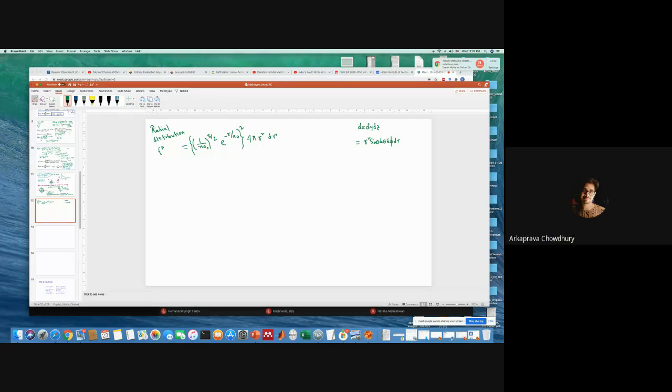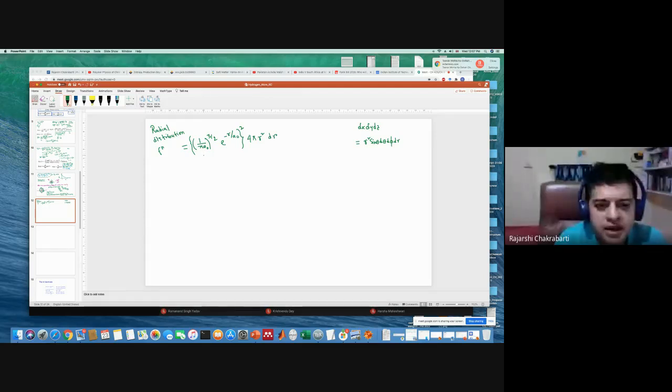So it was 1 by pi a to the power 3 by 2, not the whole term. So I don't have pi to the power minus 3 by 2, I have pi to the power minus 1. Okay, I understand, pi to the minus half. Okay, I'll write it the way it is written.